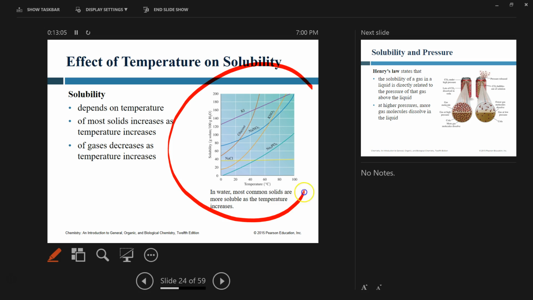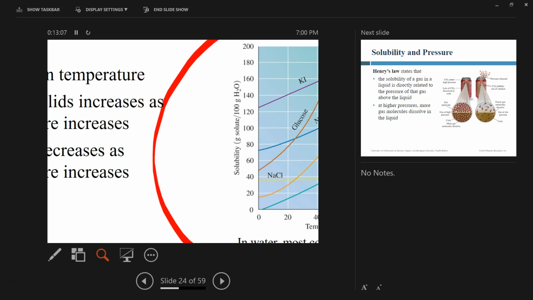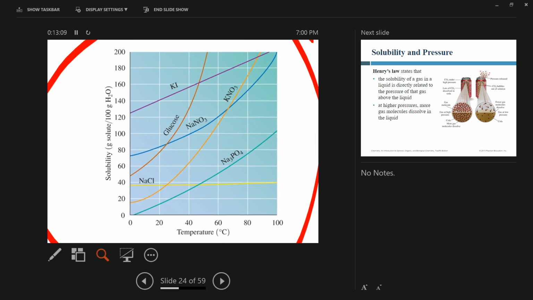Another way, by the way, we will see in this graph, and I'm going to blow it up. You see that graph? It shows you the dependence of solubility on temperature. You see for the majority of salts, solubility increases with temperature. Does that make sense? Look at glucose.